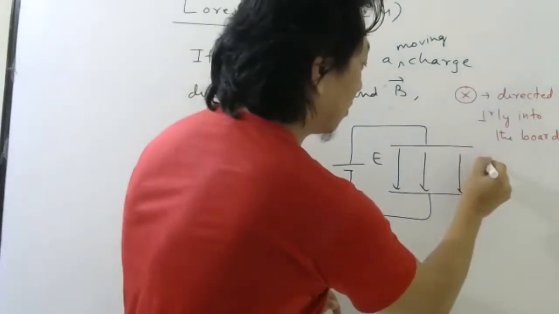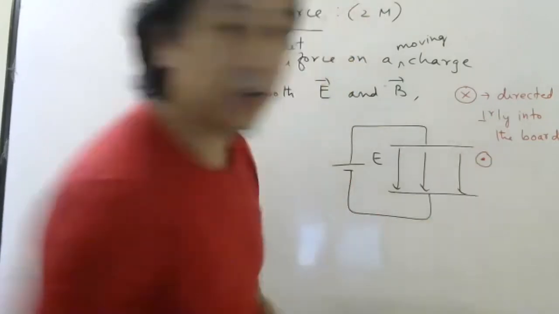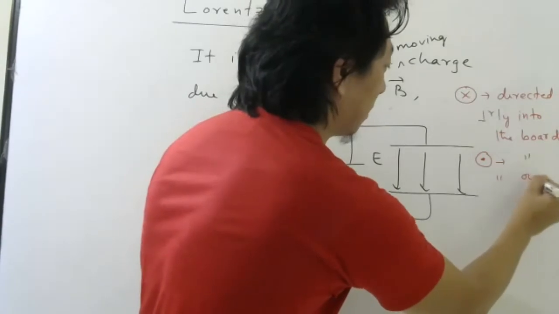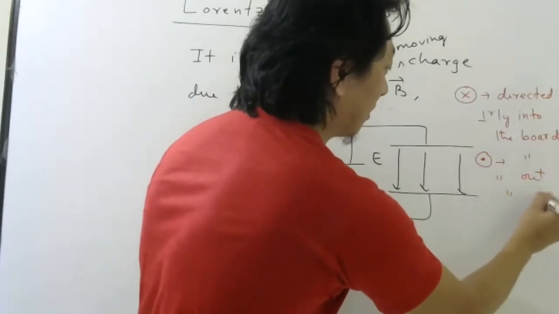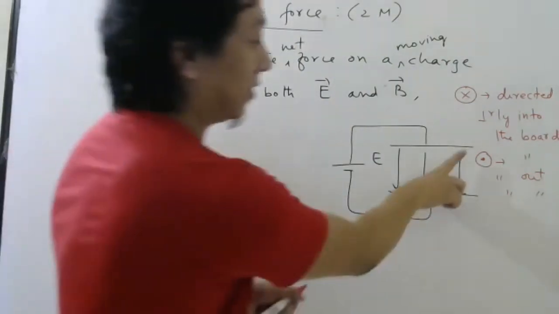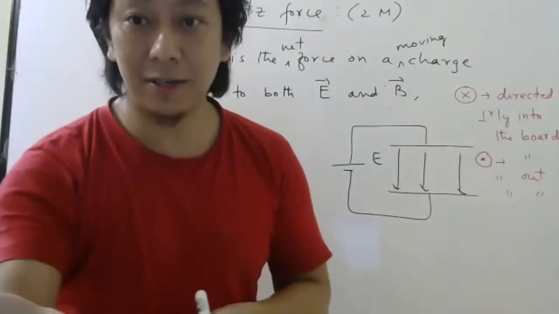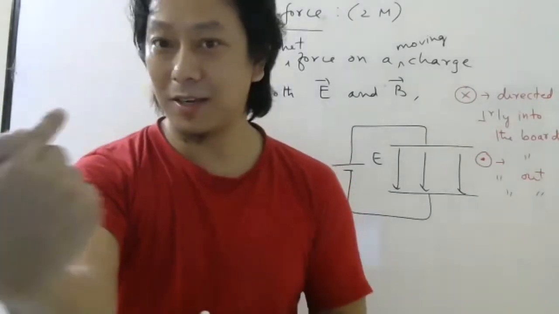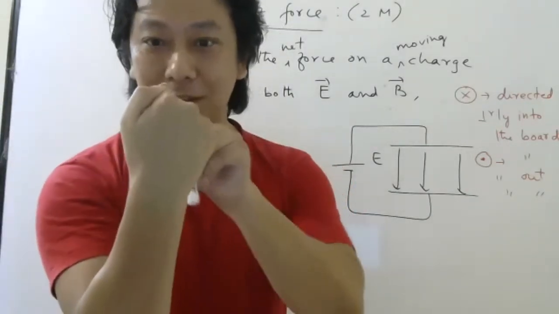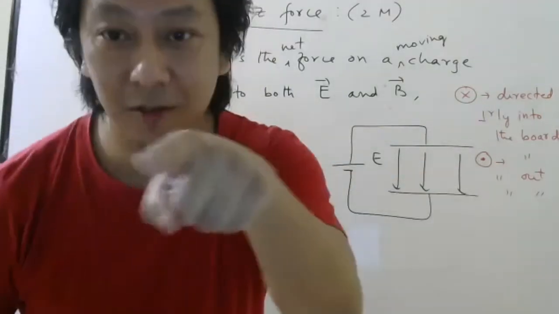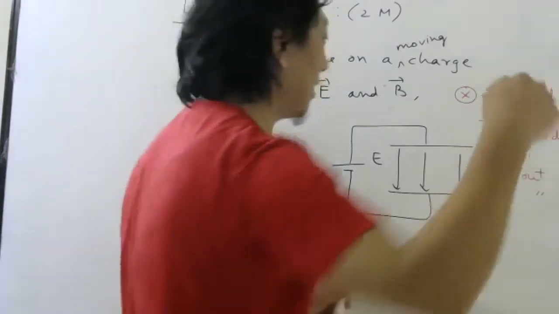And if I draw a dot like this, then it means directed perpendicularly out of the board. So if somebody is Arjun and he is firing an arrow at you, you will see the vector coming like this and you will see a dot. So dot means a vector coming towards you. Cross means a vector going like this.